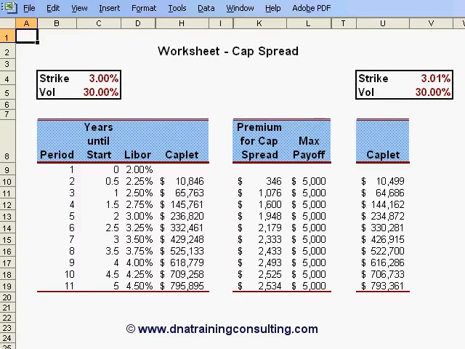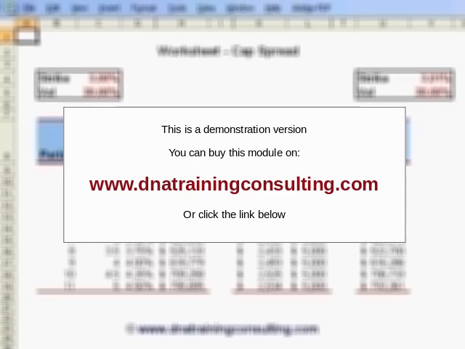You should be able to recognize the all or nothing nature of the payoff we have just created. The investor at expiration receives either $5,000 if LIBOR has reset above the strike, or nothing. How far in the money she is at expiration is irrelevant.